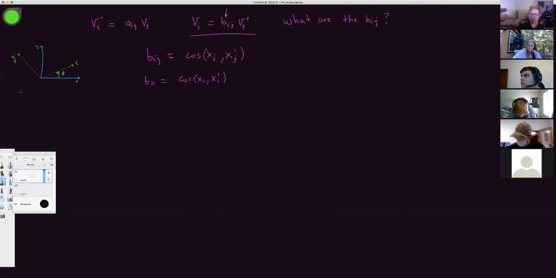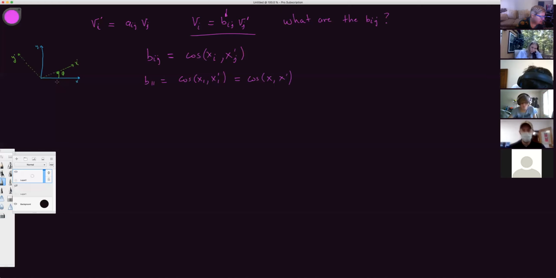Okay, so now if you think about the direction cosine, the direction cosine between x1 and x prime 1, that of course is just the direction cosine between x and x prime, which is just phi.